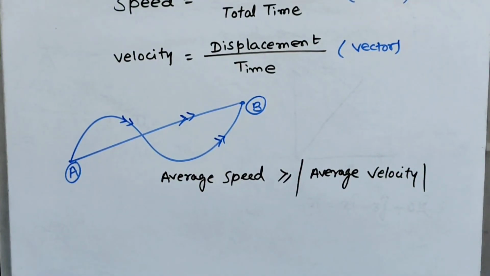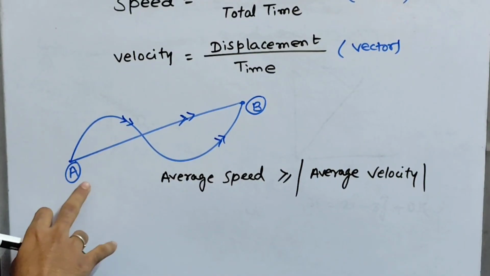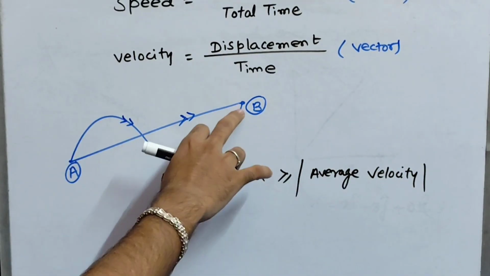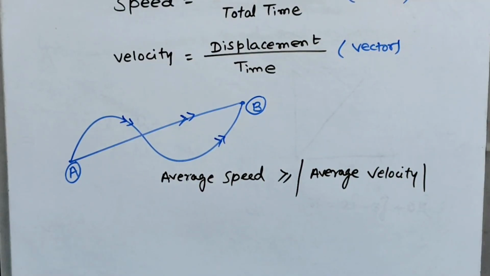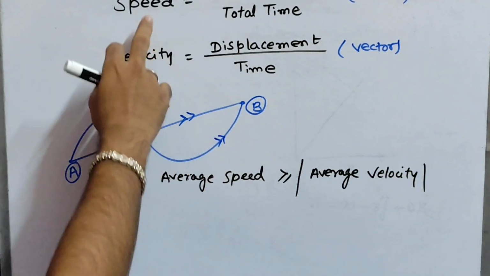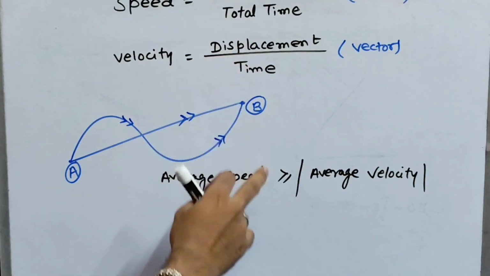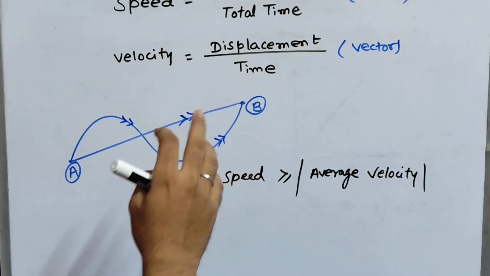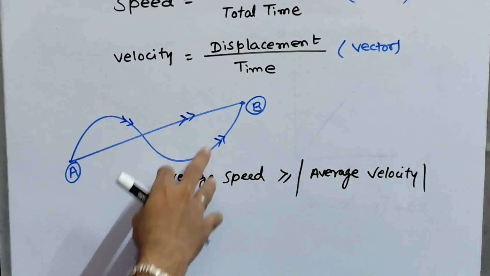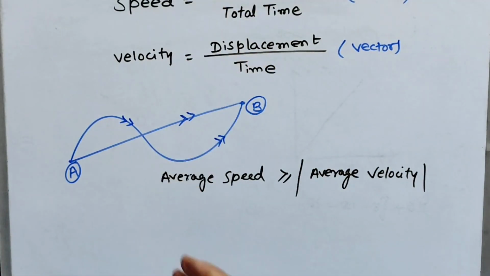What is its meaning? Suppose in this diagram, this is the total distance and this one is the total displacement. We know that average speed is equal to total distance by total time, and average velocity is equal to displacement divided by time. So we know distance is always greater than the displacement, and in some special cases distance may be equal to displacement.